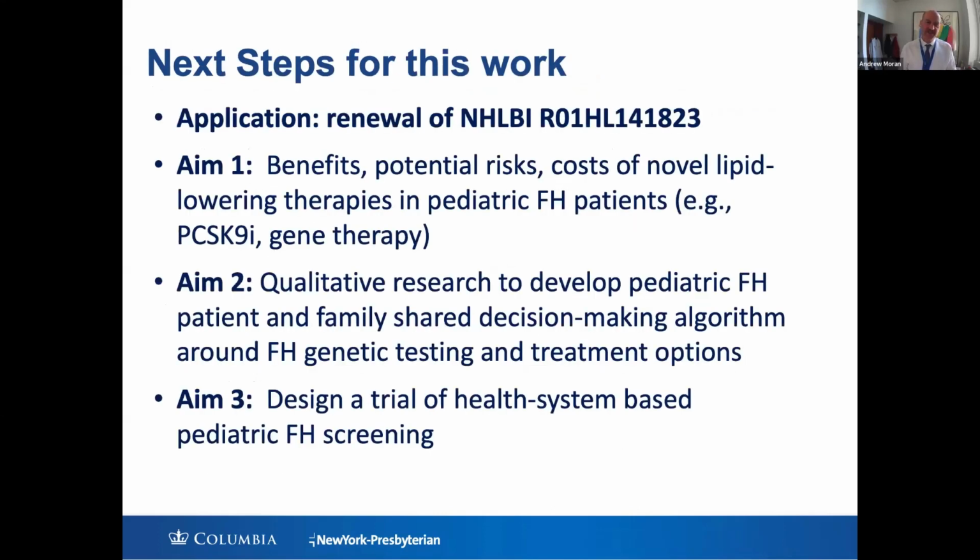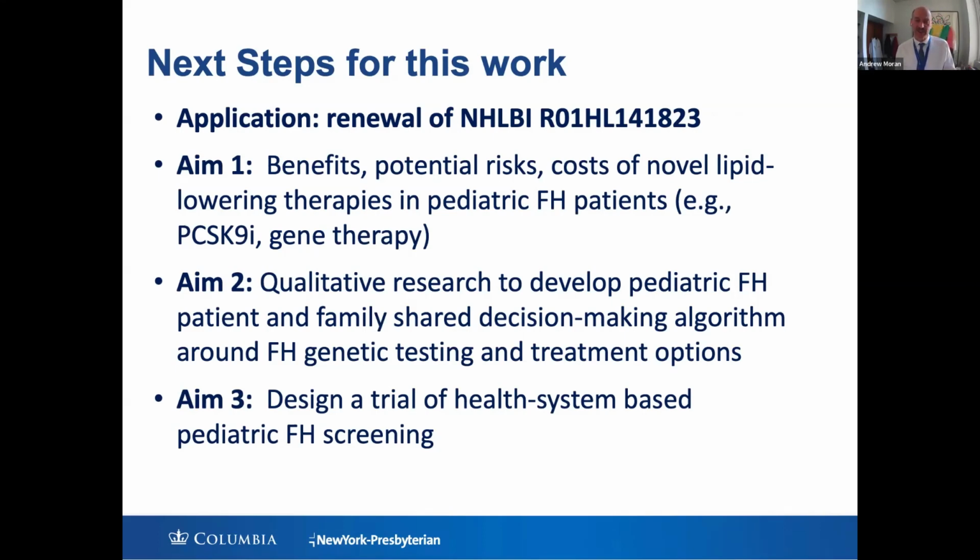So the next steps for this work: we're putting in a new renewal application of our current R01, looking at several aims, including benefits, potential risks, and costs of novel lipid-lowering therapies, and even gene therapy for FH, which is something that is very close to being made available.